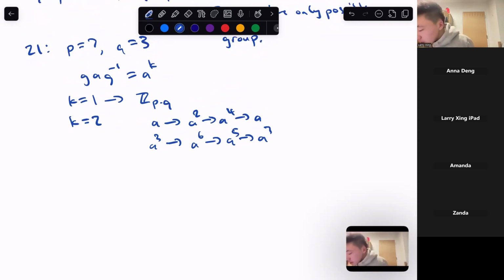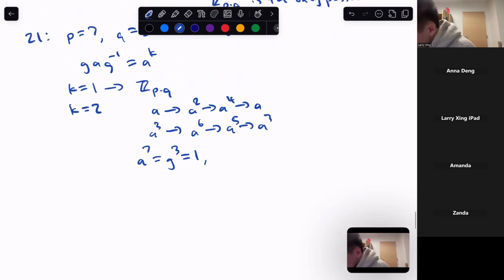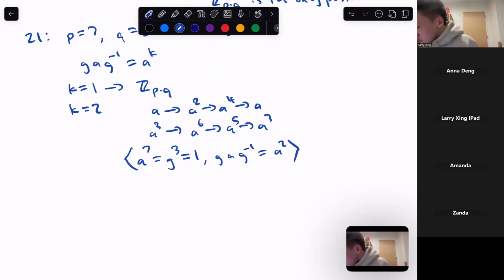So that means that this generates a group where we have A^7 equals G^3 equals 1, and we know the conjugation where G^-1 equals A squared. So now we've generated another group.